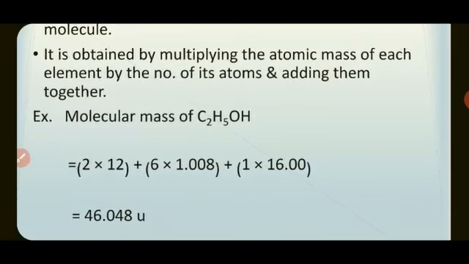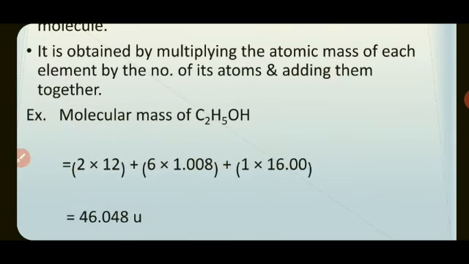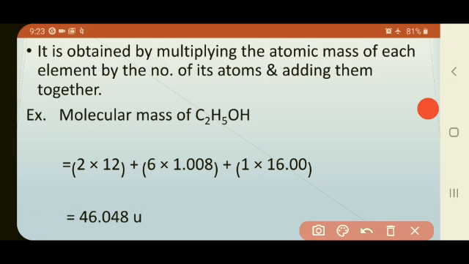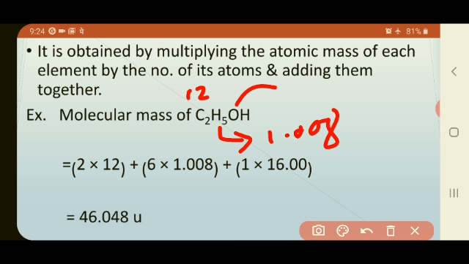For example, the molecular mass of C2H5OH, that is ethyl alcohol or ethanol. Here the atomic mass of carbon is considered as 12, atomic mass of hydrogen is considered as 1.008 and atomic mass of oxygen is considered as 16.